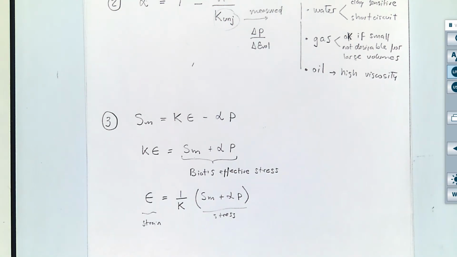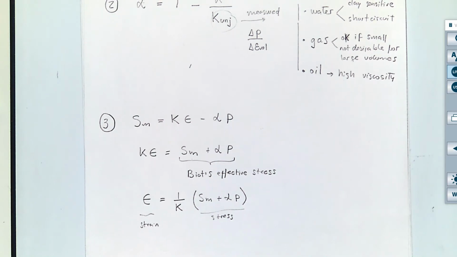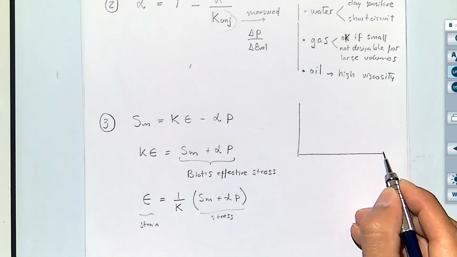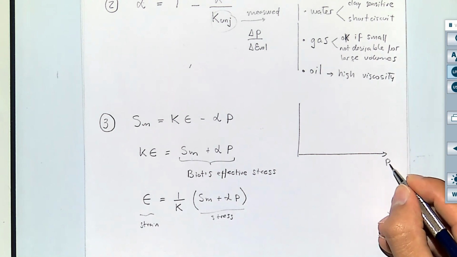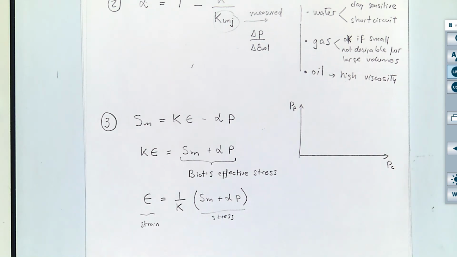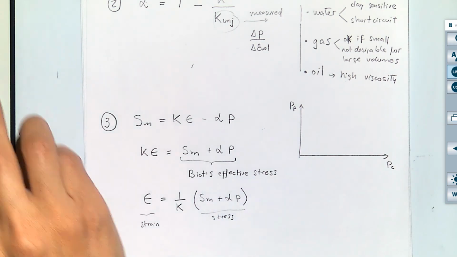So let's see how we use this now to measure the Biot coefficient. In this method, we're going to alternate confining pressure and pore pressure as a function of time.